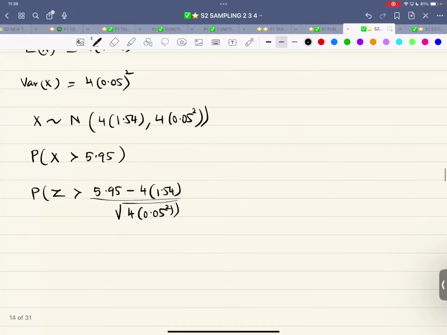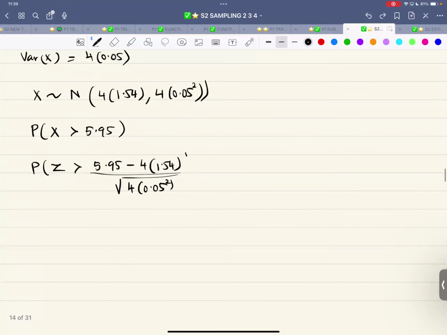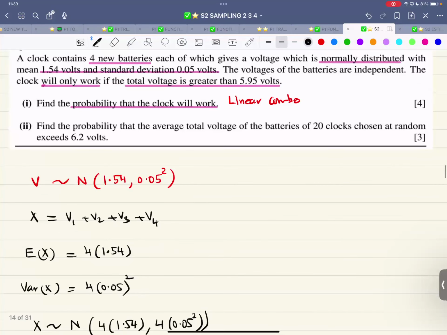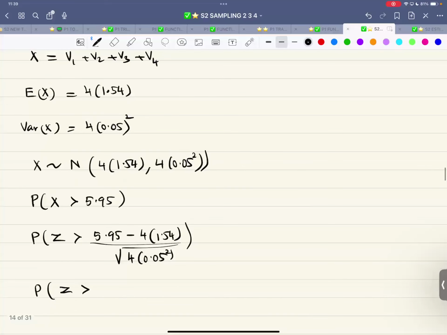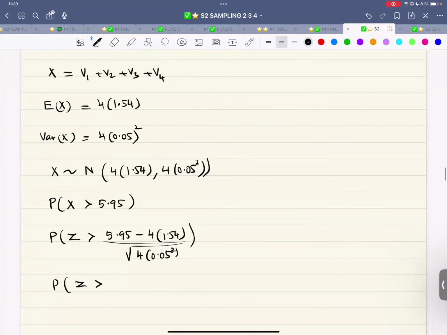And then you get this particular answer, so probability Z is greater than some value. You apply the rule and then you get this particular probability. Is this part all good, all clear? Okay. Everyone have a good look at it.